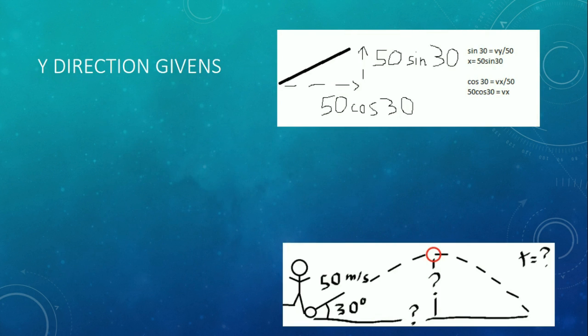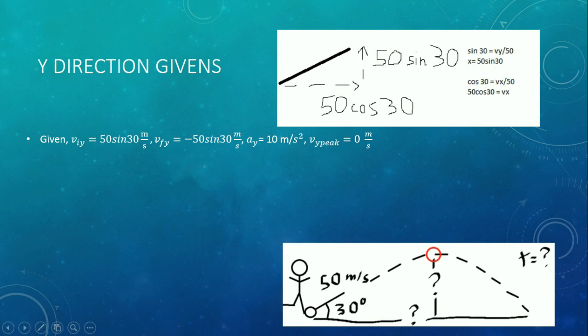So first we got to split up our information, the x and y direction. So we're going to start with the y. Y always gives us time. So here are the givens. So using the knowledge I just gave you, remember the vector times the sine of the angle is always equal to the y component. Sorry, this should be a y here.